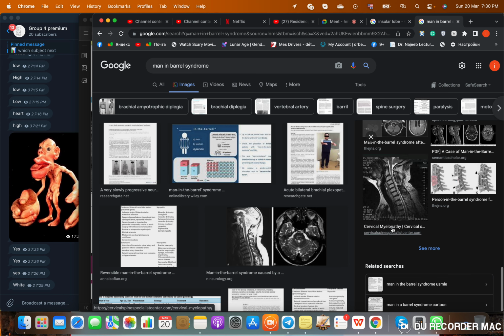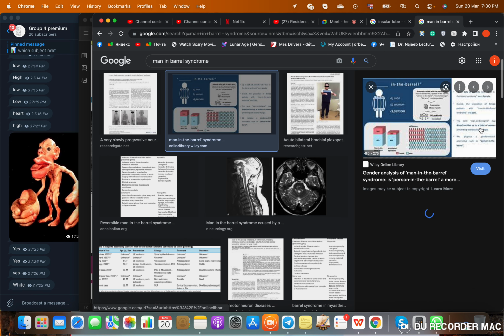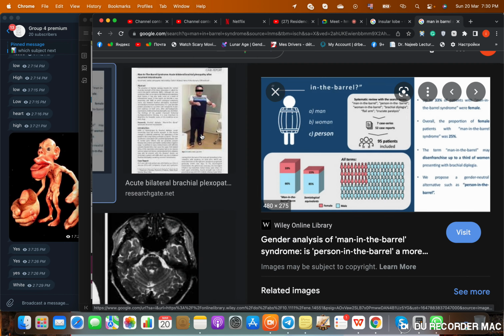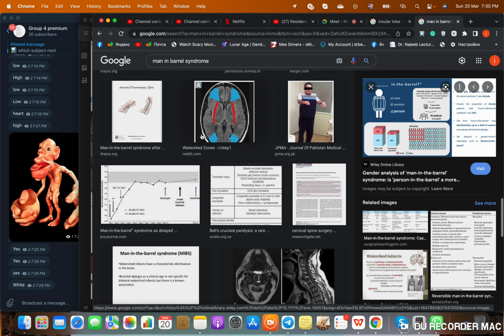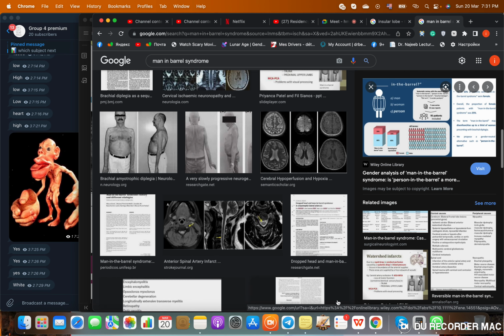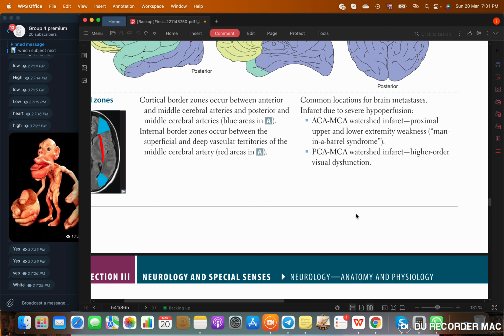Okay, so that's man-in-barrel syndrome. Yes, something like this is an even better representation. So they will not be able to move normally. They will not be able to raise their hand anymore. So yeah, that's man-in-barrel syndrome, from ACA and MCA watershed area infarction.